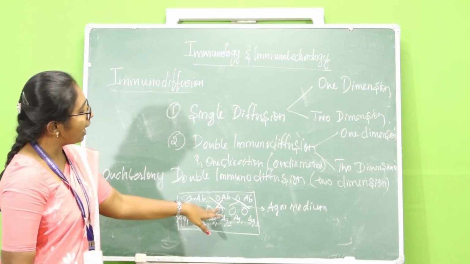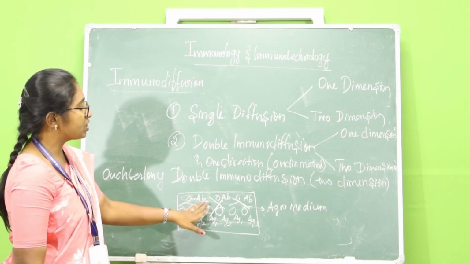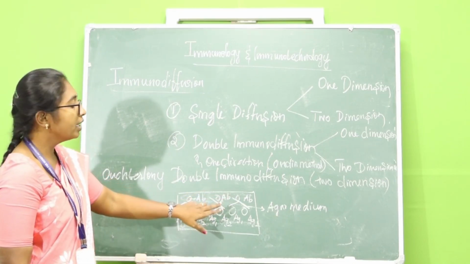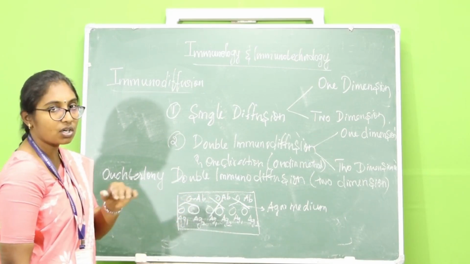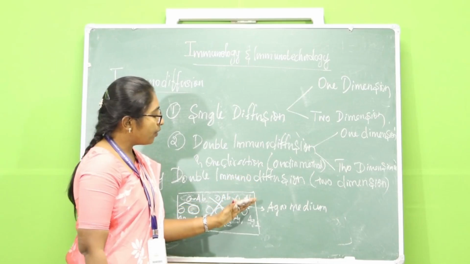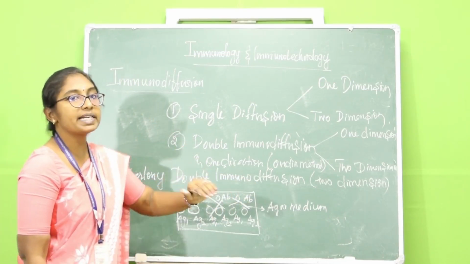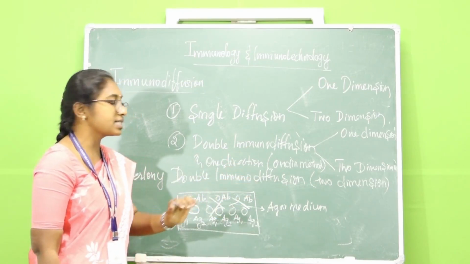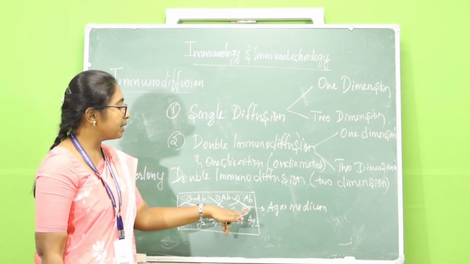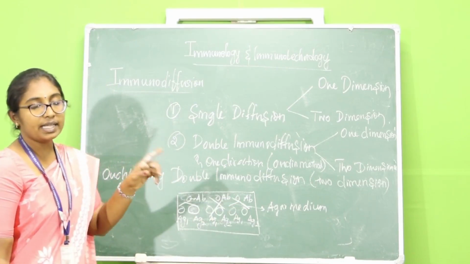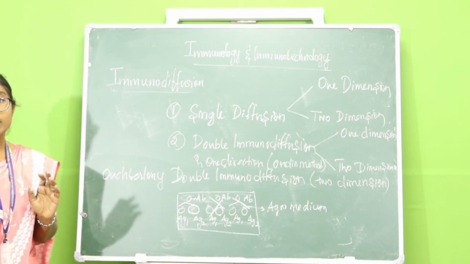When both antigens do not share any common epitope, which is completely different for the antibody, we interpret the result as non-identity, shown as crossing lines. When both antigens partially share the site, we see partial identity, with a semi-curve and a lengthened arc. So this is the interpretation from immunodiffusion.